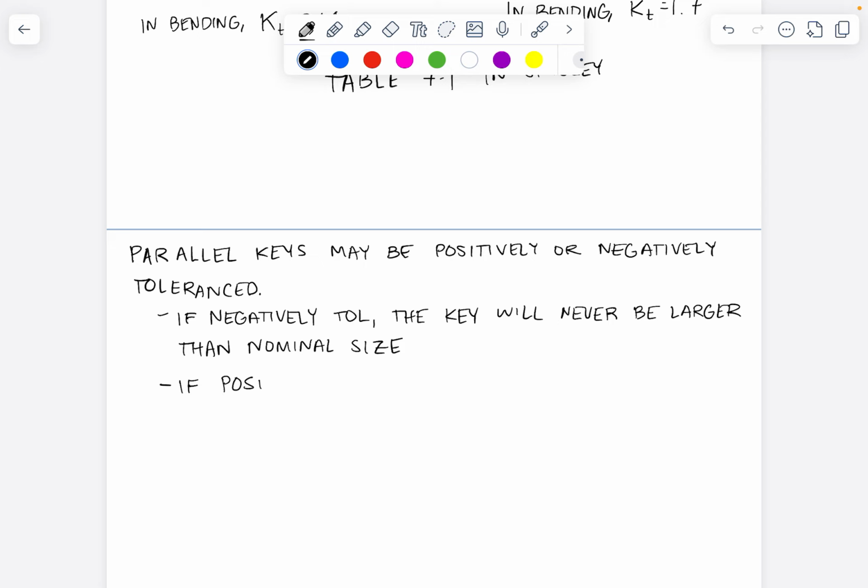If positively toleranced, the key will be slightly larger than nominal size.